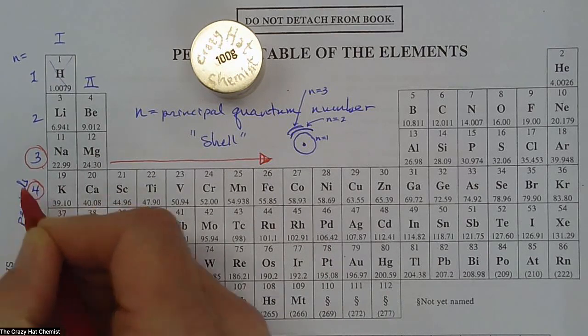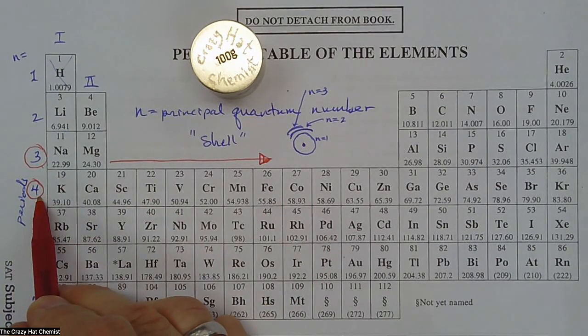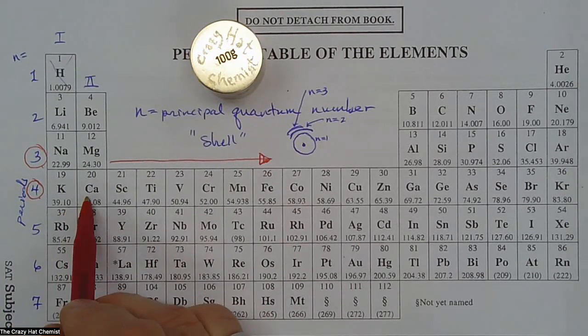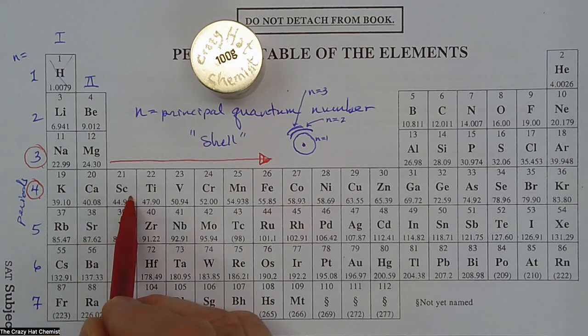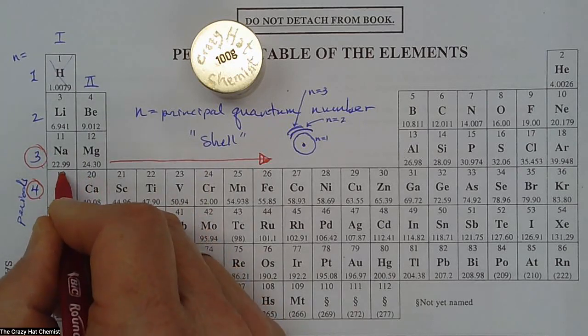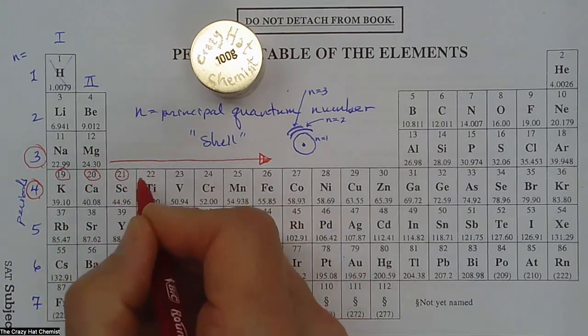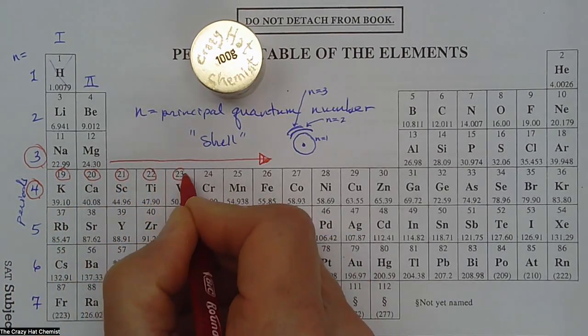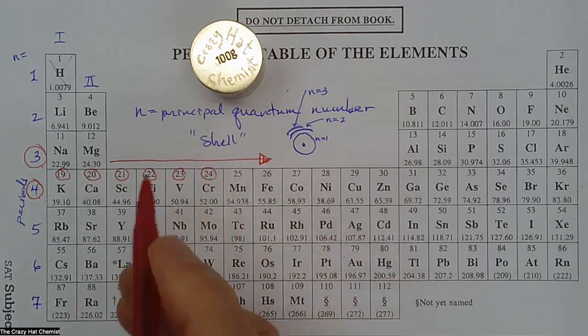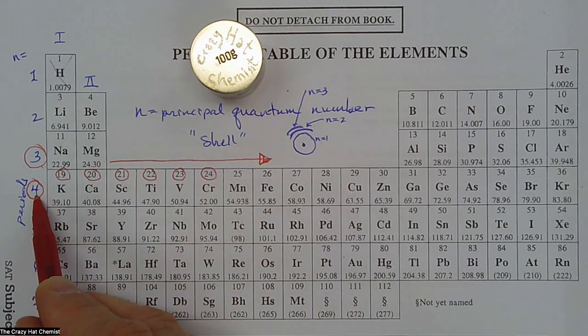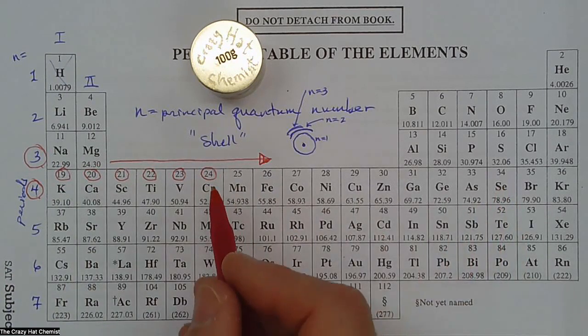As you move in, for example, period 4, the n remains constant, but the effective nuclear charge increases as protons are added to the nucleus. So the number of protons, the atomic number, increases as you go to the right, but you still maintain the n value constant as you move to the right.